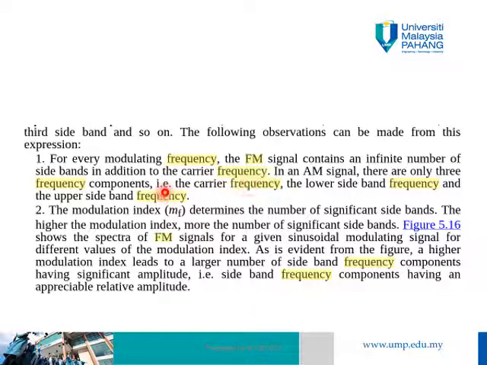Whereas in AM signal, there are only 3 frequency components, which are the carrier and 2 sidebands, the lower sideband and upper sideband. Number 2, the modulation index determines the number of significant sidebands. The higher the modulation index, the more the number of significant sidebands.